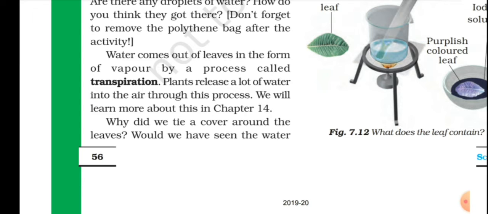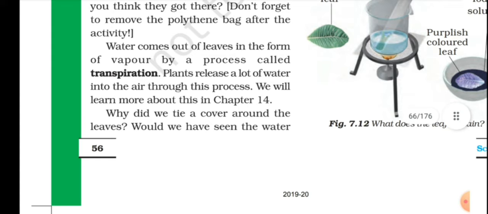So कैसे निकलेगा, वेपर से, वेपर बन के. This process is called transpiration. Plants release a lot of water into the air through this process.